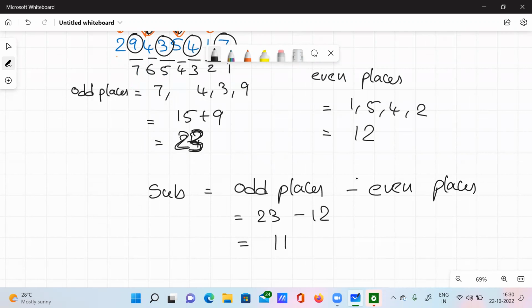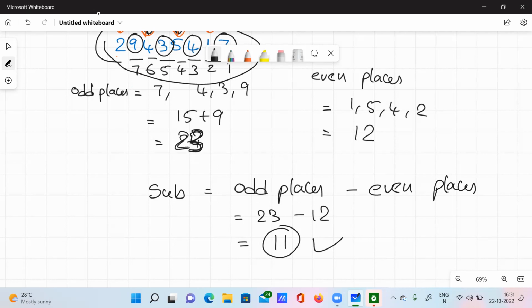You need to look at whether this number is divisible by 11. Then you can surely say that the entire number is also divisible by 11. See here, 11 will always be divisible by 11. So you can proudly say that this entire number is also divisible by 11.